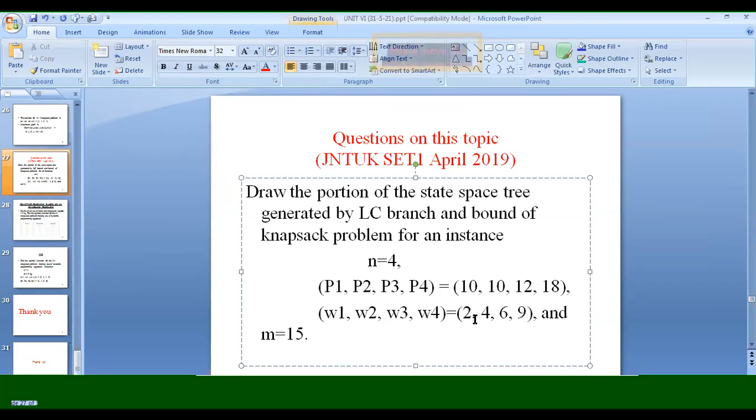These are the profits, you can represent in dollars. $10 profit for the first item. $10 profit for the second item. $12 profit for the third item. $18 profit for the fourth item. Like this, profits and weights of each object are given. Number of objects n equal to 4. Now m equal to 15. M is 15, that is the capacity of the knapsack bag is 15 kg.